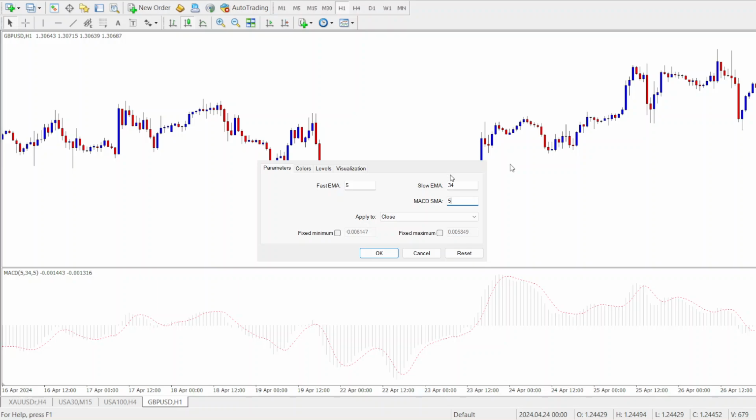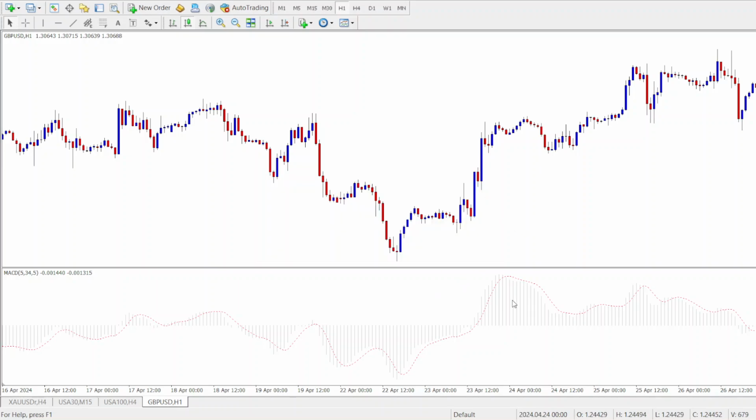We have discussed some of the best settings you can use for different trading time frames, so you might want to check out those other videos if you want more information about MACD settings.